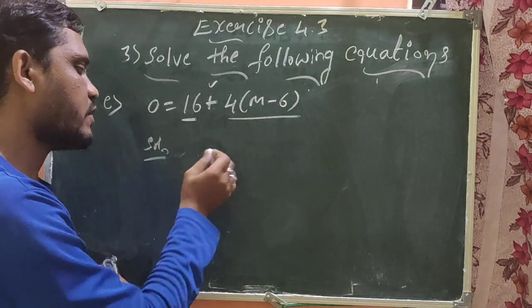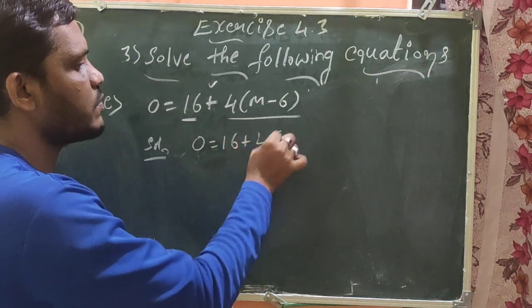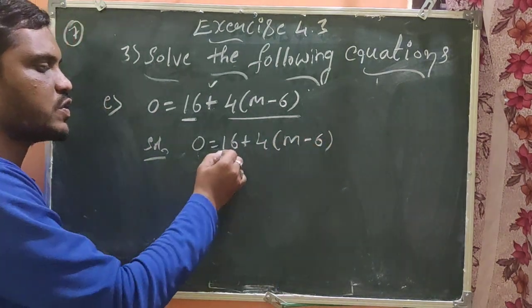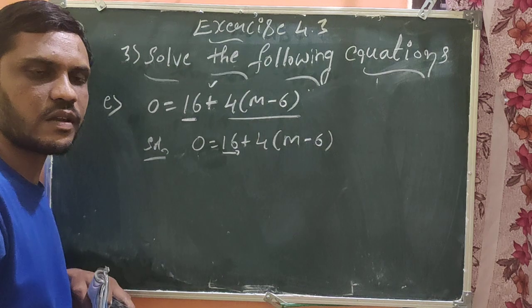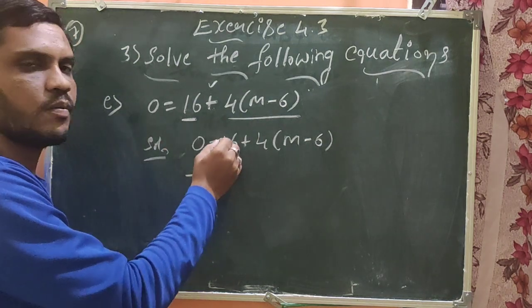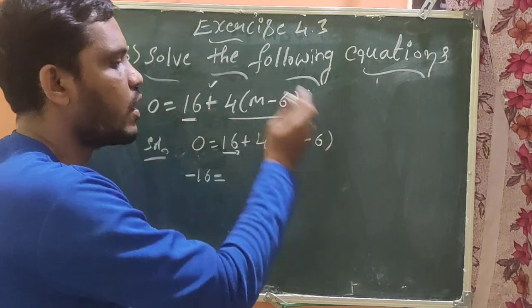First I will write it as it is. 0 is equal to 16 plus 4 times of m minus 6. Same shifting method. First we should shift this plus 16. When it comes to this side, that becomes minus 16. Right? Plus is there, from RHS side to LHS side, or from LHS side to the RHS side.